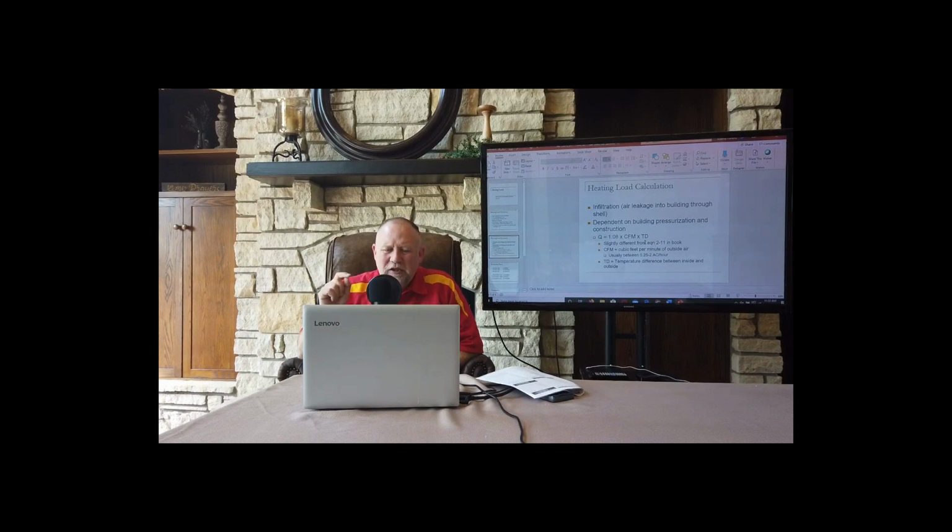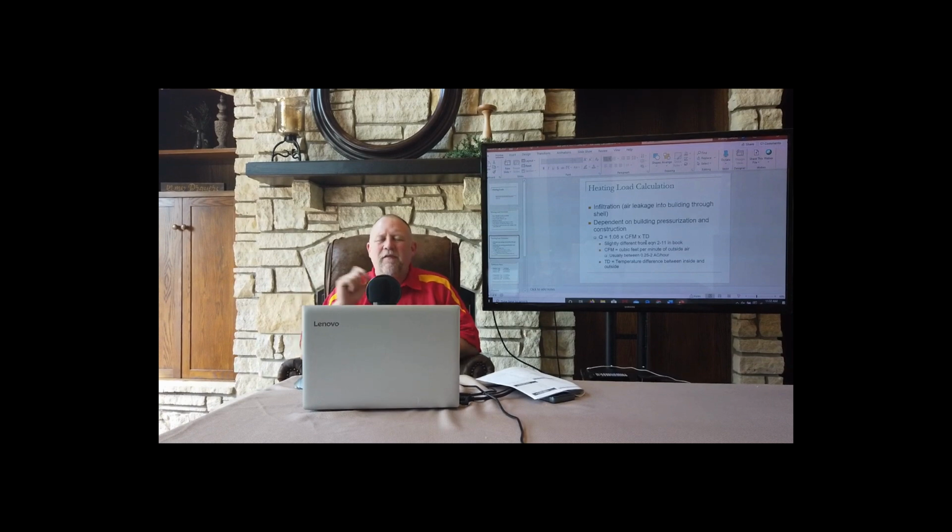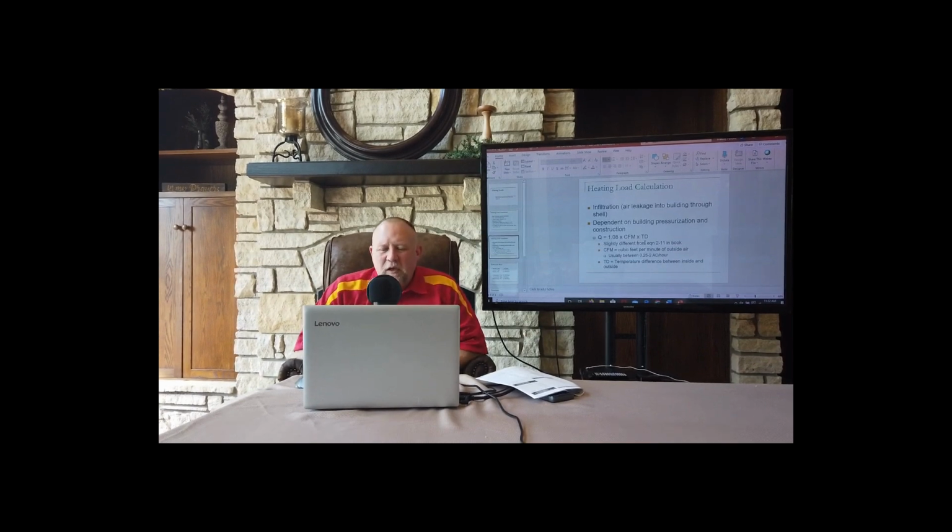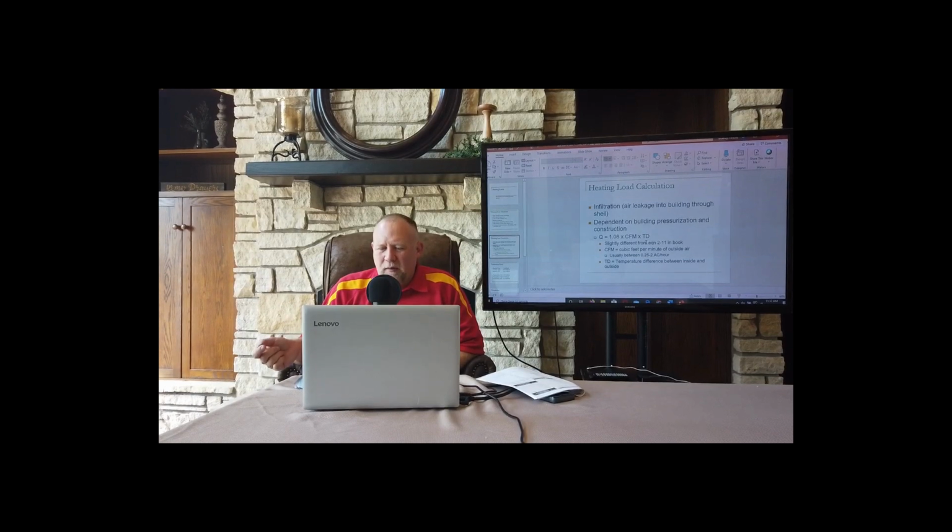Now let's just take a look at that. Anytime I give you an equation with Q, know that that is a rate in BTU per hour, a British thermal unit. A British thermal unit is about the same amount of energy as you get from burning a long wooden match completely. So Q is in BTU, but it's in per hour.